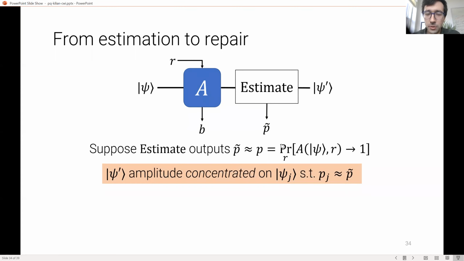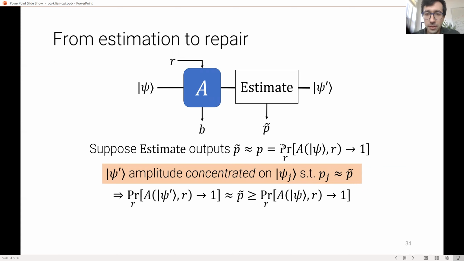Then the amplitude is concentrated around P tilde, which means that the resulting state has success probability roughly P tilde, which we said is around the probability that the original thing accepted. So in the case that the estimation algorithm outputs this P tilde that is large enough, actually the state is repaired.